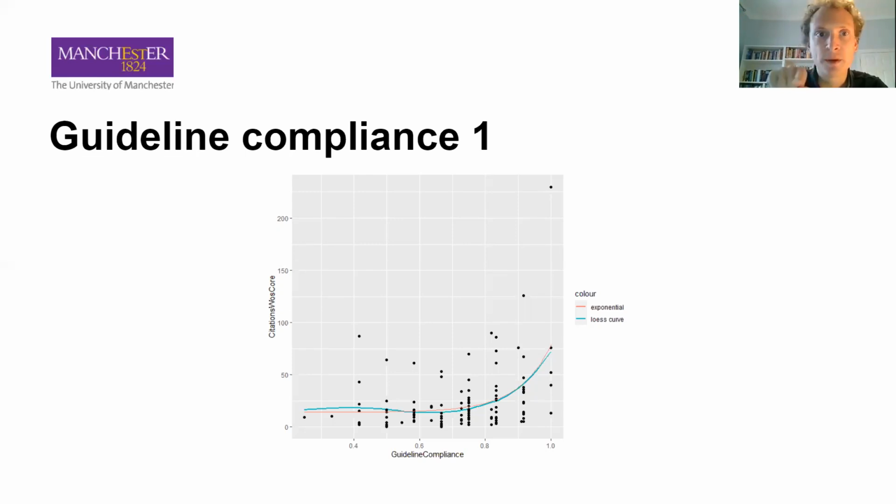My hypothesis for why the 80% is there is that for all of those lower compliance ones, it's a little bit random about whether they're actually complying with them or not. Whereas with the much more compliant ones, they are, in my view, taking some real care about their diagramming choices and being very thoughtful about it. So I think that's why we're seeing the higher citations there.